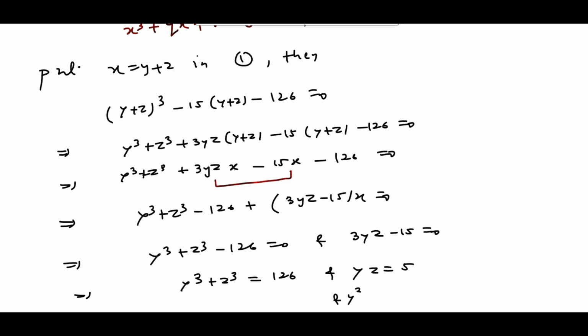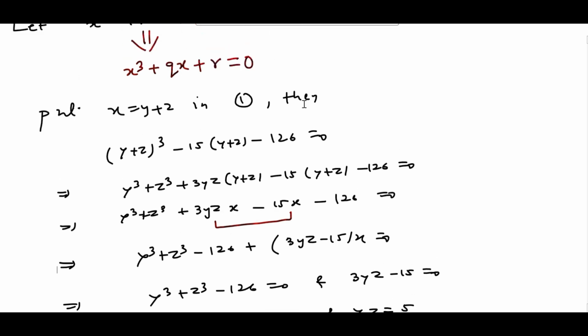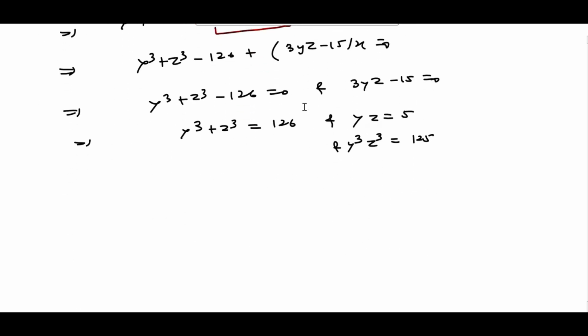So we can write here y cube z cube is equal to 125, and we can write that as equation number 2.